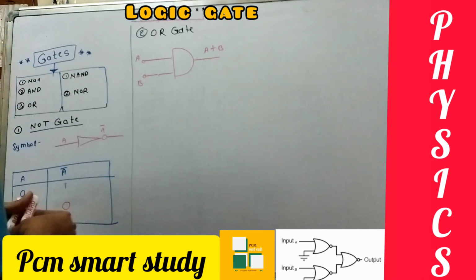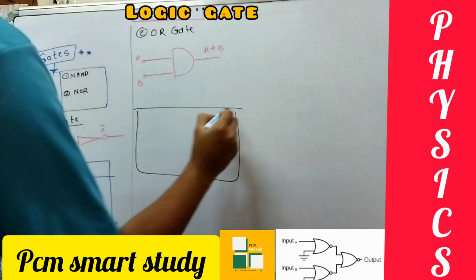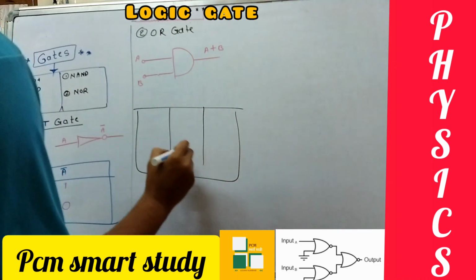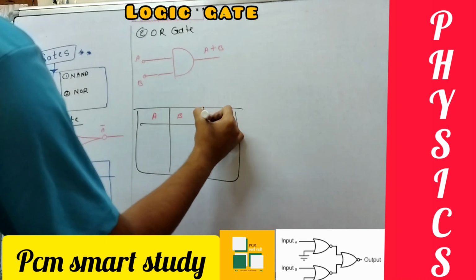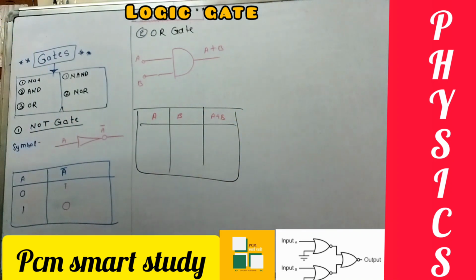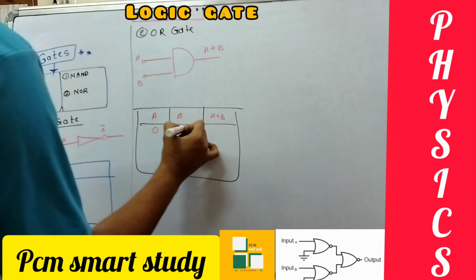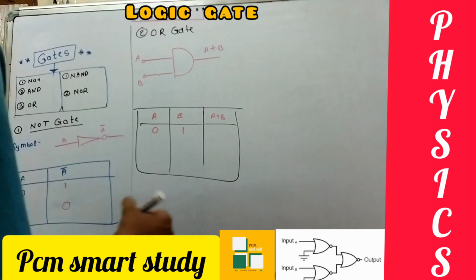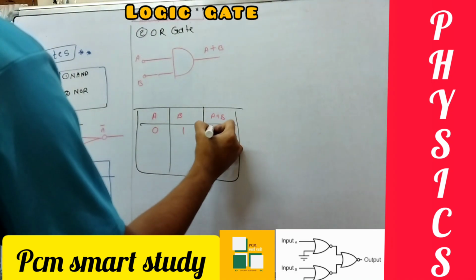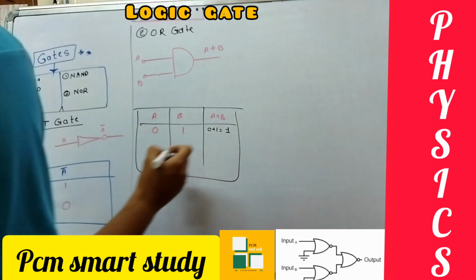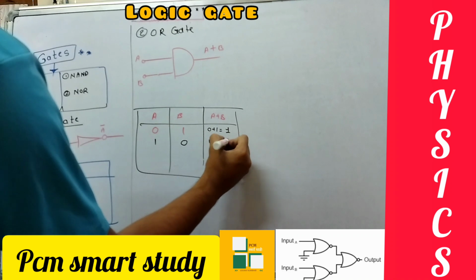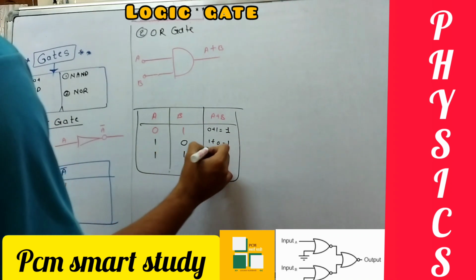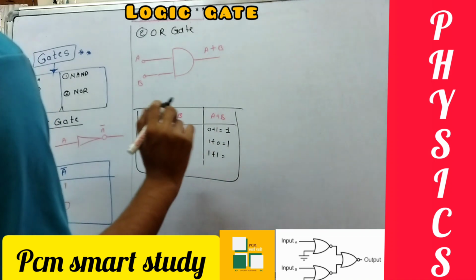We can first make the truth table: A, B, A plus B. When A is 0, B is 1, then A plus B is 1. When A is 1, B is 0, output is 1. When A is 1, B is 1, output is not 2, it is 1. When both are 0, output is 0.